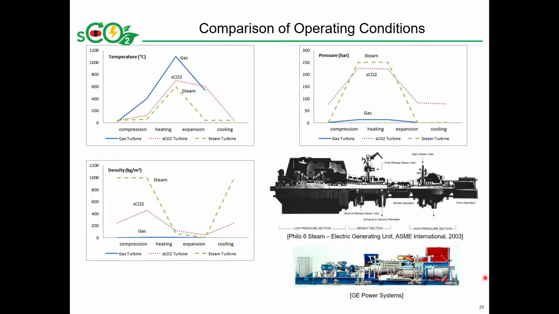If we look at this slide, it shows a comparison of a gas turbine, which is a 100 megawatt GE frame type gas turbine, and a steam turbine, which is this well-known historical unit of approximately 100 megawatts output as well.